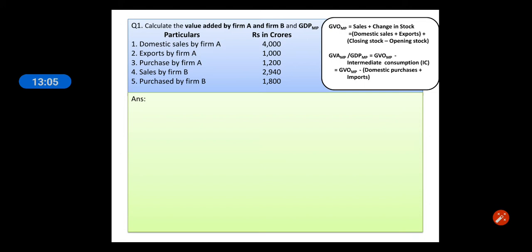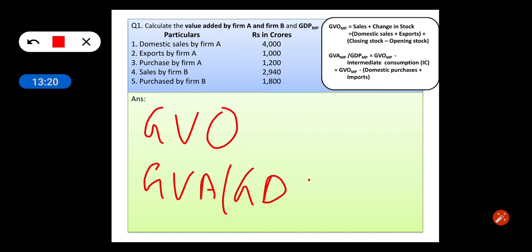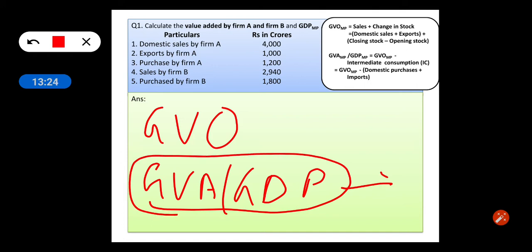Remember again, for any calculation, if the value of GVO is not given, then you have to start with GVO. After GVO, you can find GVA or GDP, and if you have this GDP, you can convert it into anything: NNP at FC, GNP at FC, anything.